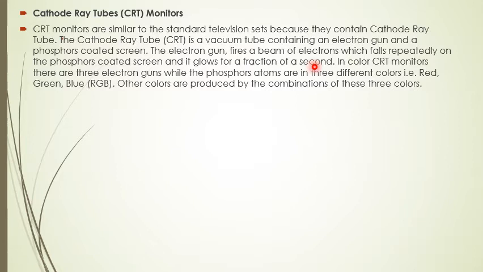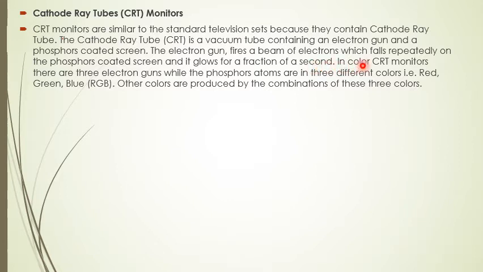So maybe you think, sir, that every time the gun will start firing electrons? Yes, it will fire electrons 60 times per second, so that the still image will be displayed to you.